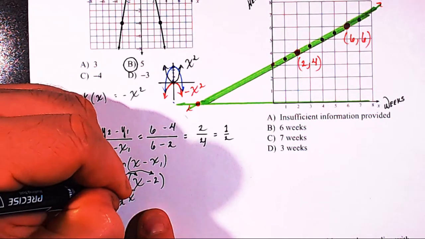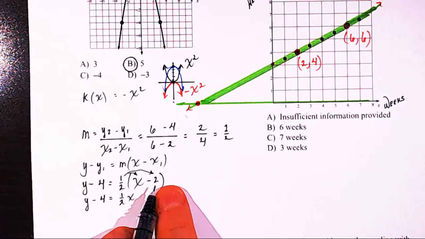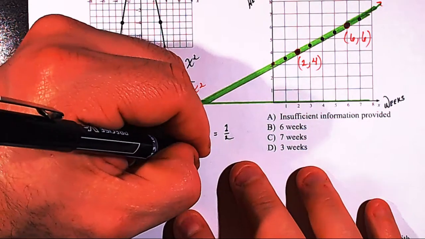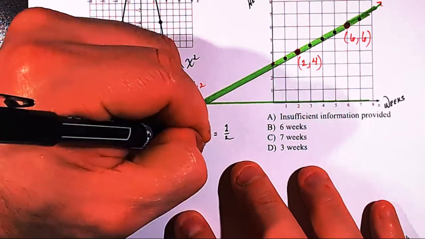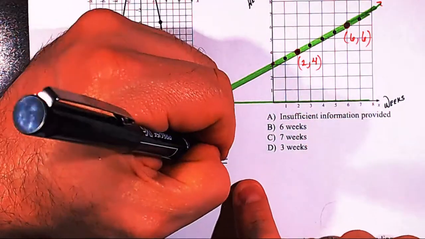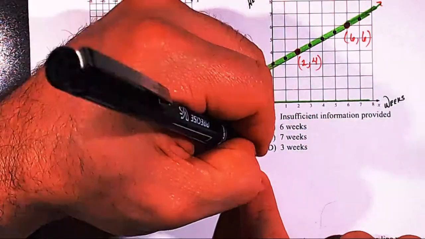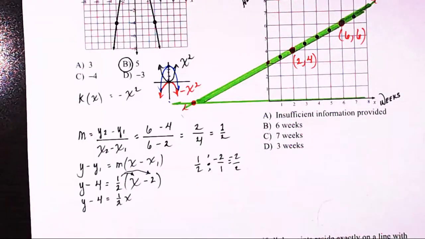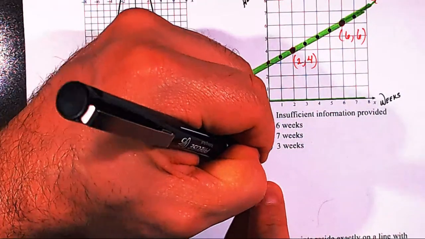x minus, now look, 1/2 times -2, let's do that, 1/2 times -2 over 1. Okay, multiply the top, multiply the bottom. You got -2 over 2, which reduces down to -1.